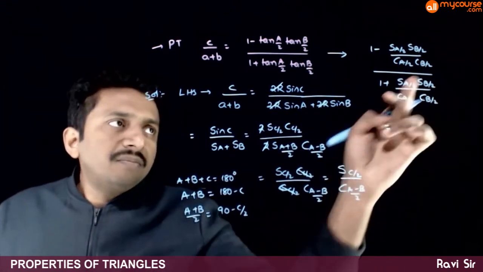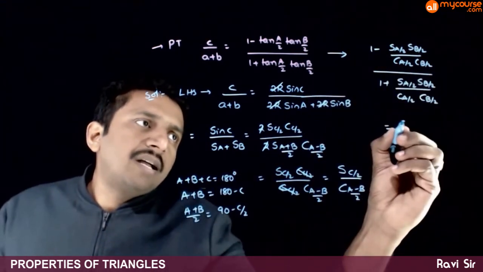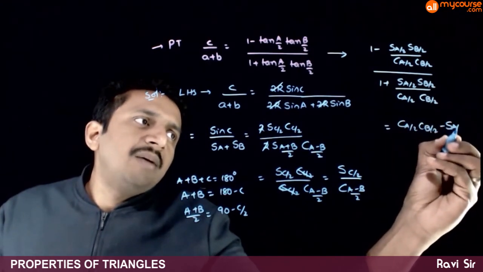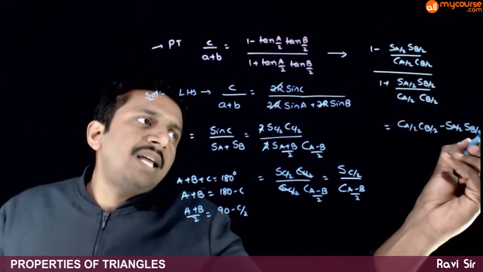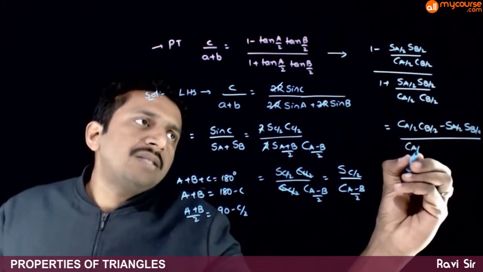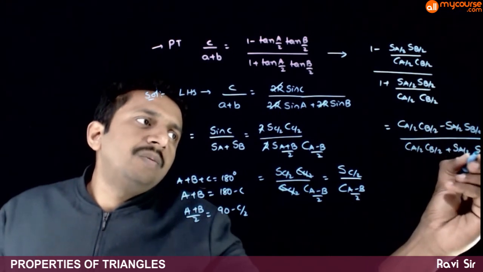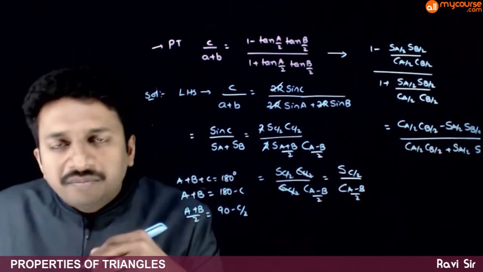So that is equal to, if you take the LCM, you get cos A by 2 cos B by 2 minus sine A by 2 sine B by 2 divided by cos A by 2 cos B by 2 plus sine A by 2 sine B by 2.